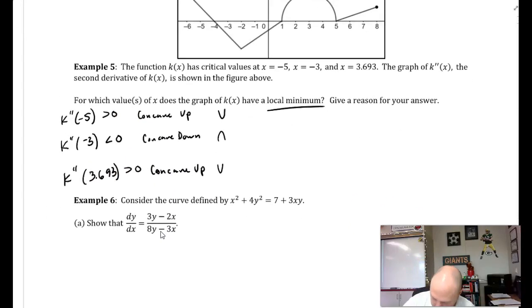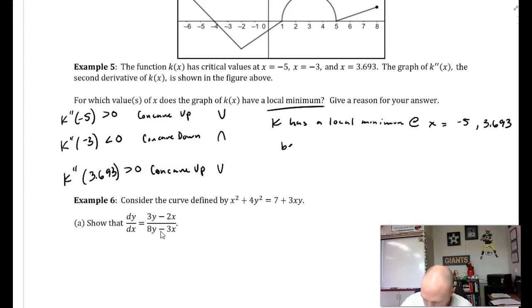Okay, so we can say k has a local minimum at x equals -5 and 3.693 because these are critical points, and k double prime of x is greater than 0.